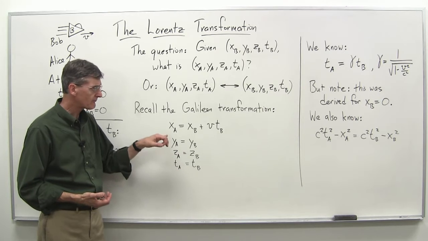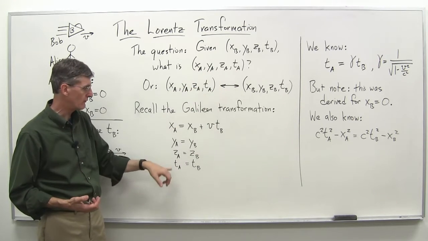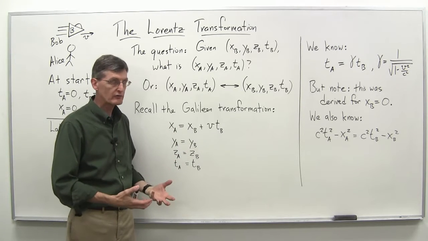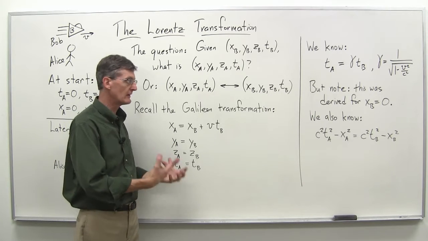Now we'll get to the details of this in a minute, but we know right away that from Einstein's two postulates, we derive the fact that time dilation occurs and length contraction as well.